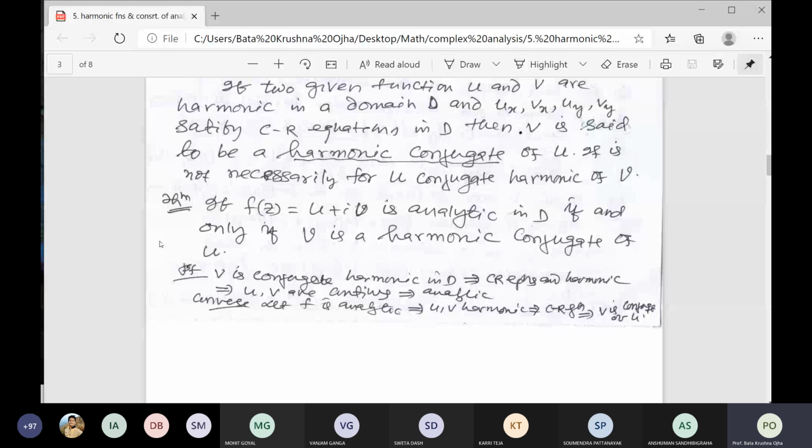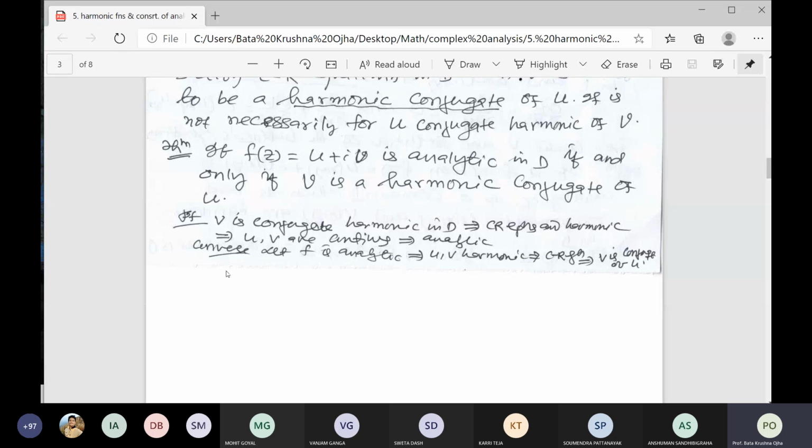If v is a conjugate harmonic of u in D, the CR equations and harmonicity will be satisfied, then u and v are continuous, so f is analytic. Let f(z) be analytic, so u and v are harmonic, which implies the CR equations, which implies v is a conjugate harmonic. So just remember this.